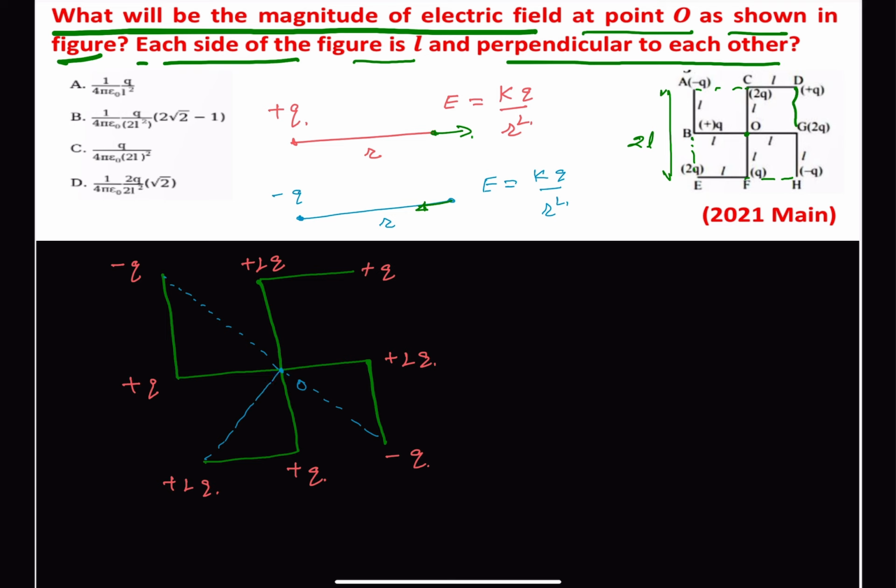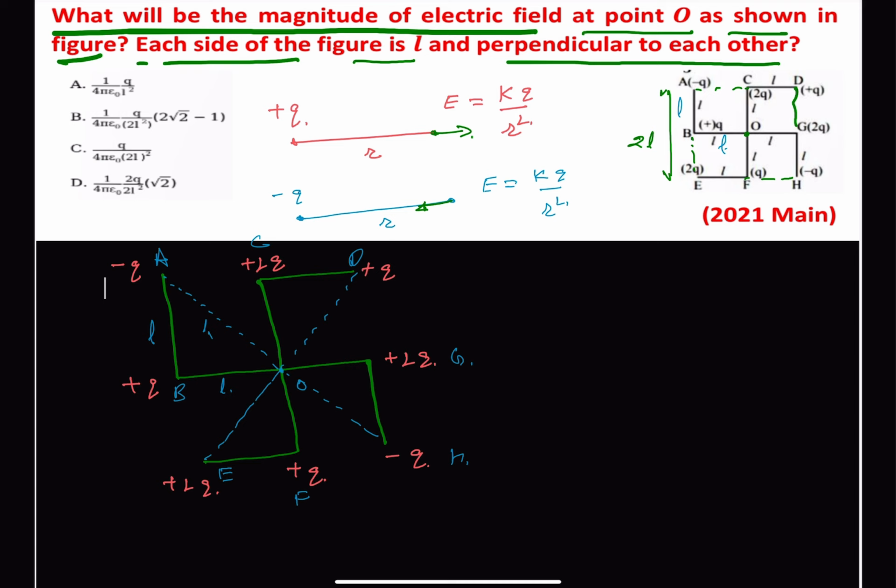This will give us the distance, and the length of the side is given as L. Okay, so this is L and this is as well L. So we can easily find that, suppose this is A and this is B, then this is C, D, and this is E, F, G and H. So we can see AO will be equal to L times square root of 2.